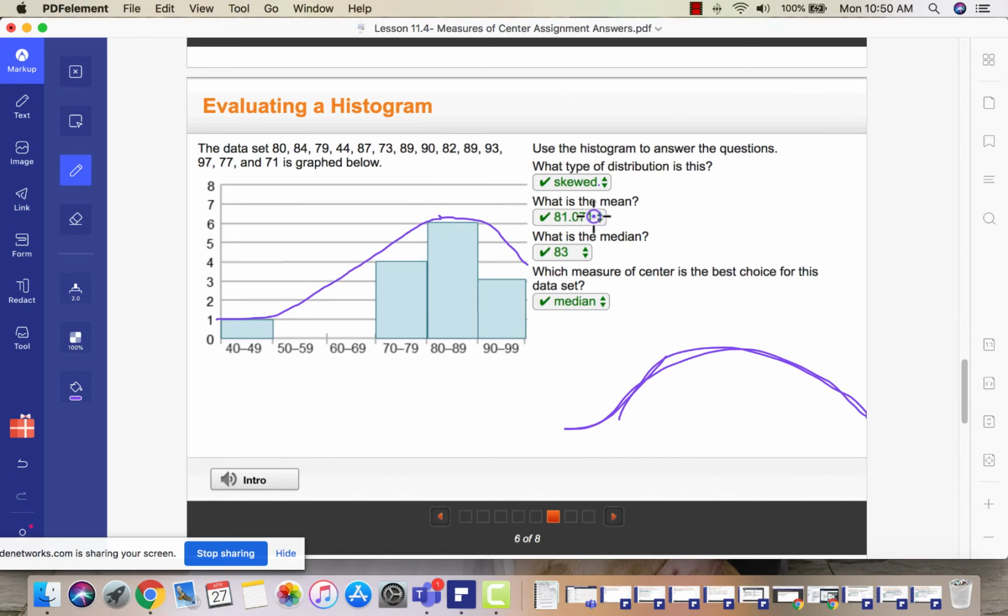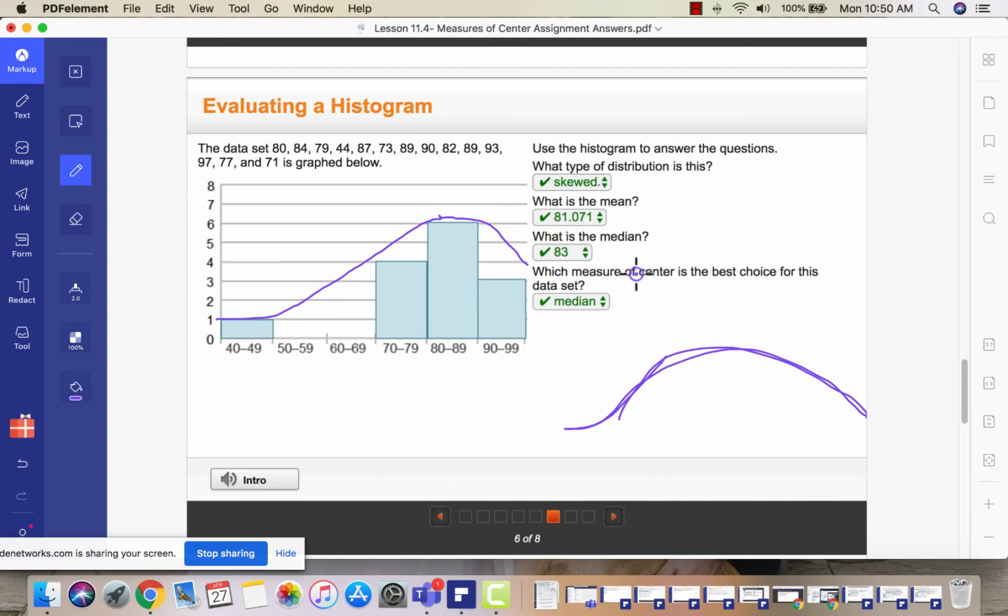The median is the number in the middle. If we list all of our numbers from least to greatest and find the middle number, it would be 83. Or you can enter the data into the statistics calculator and it would give us the median.